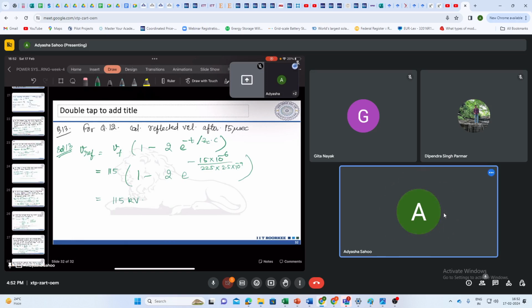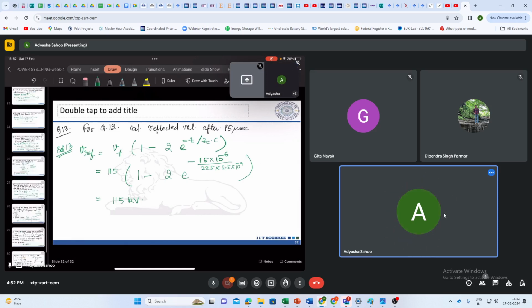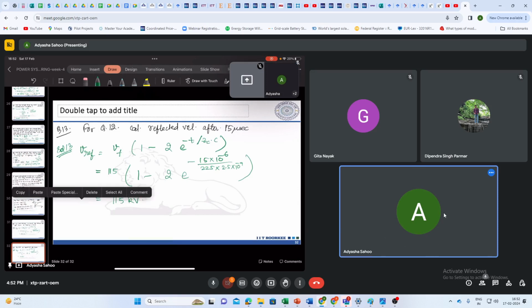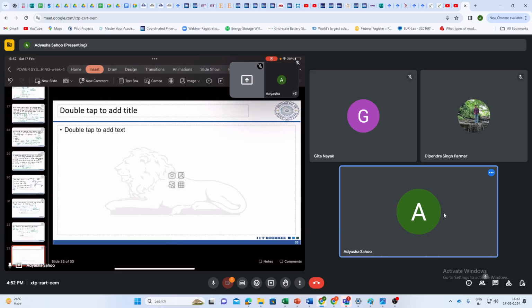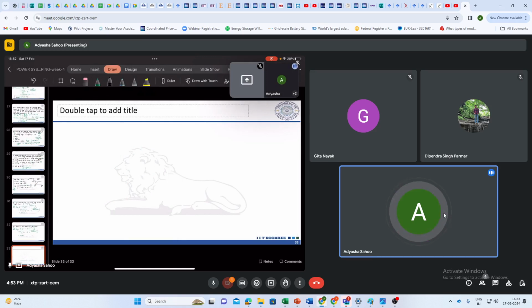And then let us solve another question. So we had, let's say, the surge impedance of the line is 225 ohms and it is bifurcated into two lines of 100 ohms and 100 ohms.